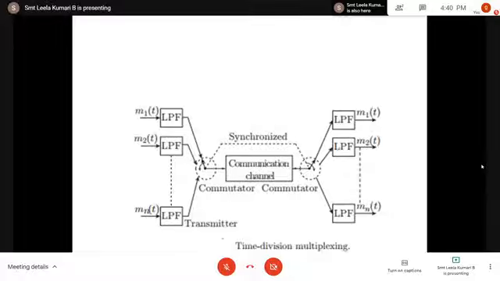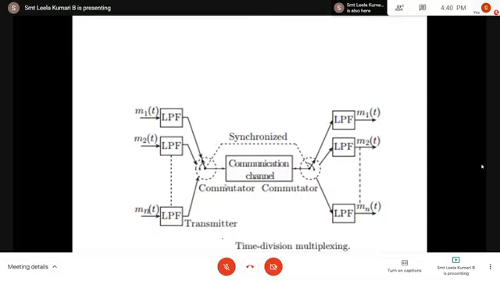This composite signal is now transmitted over the link. It is not compulsory that all the signals have the same bandwidth. If all the message signals have the same bandwidth, one commutation cycle will contain one sample from each of the messages.